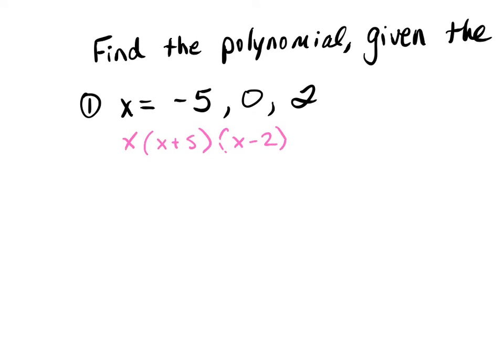So I'm just going to throw the x out in front. So the x out front I'm going to worry about at the end, and I'm going to FOIL these two first. So we have x squared minus 2x plus 5x minus 10. And this is all times the x out front.